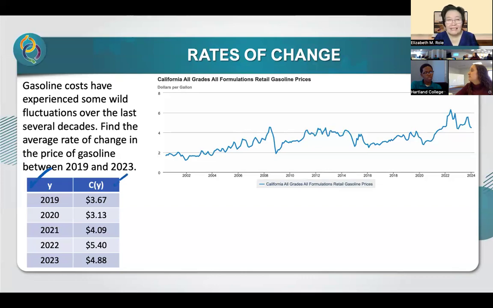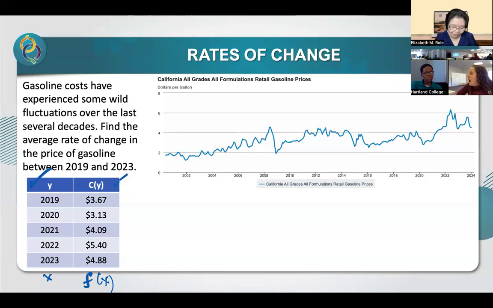So when I say c of y, that is a cost per year. That is the same as f of x sub 1 or f of x sub 2. And of course, the year there would be now your input. So maybe this is supposed to be our x, and this is supposed to be our f of x. But we are just putting it as y to symbolize year, and c to symbolize the cost.